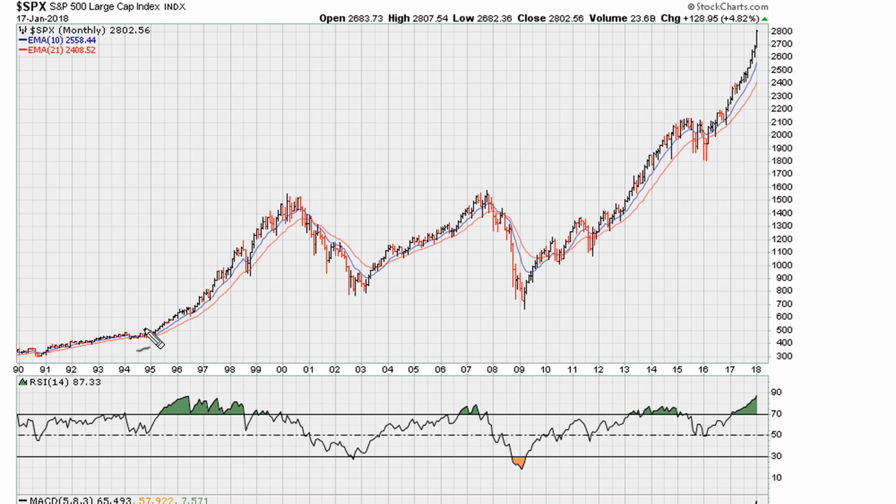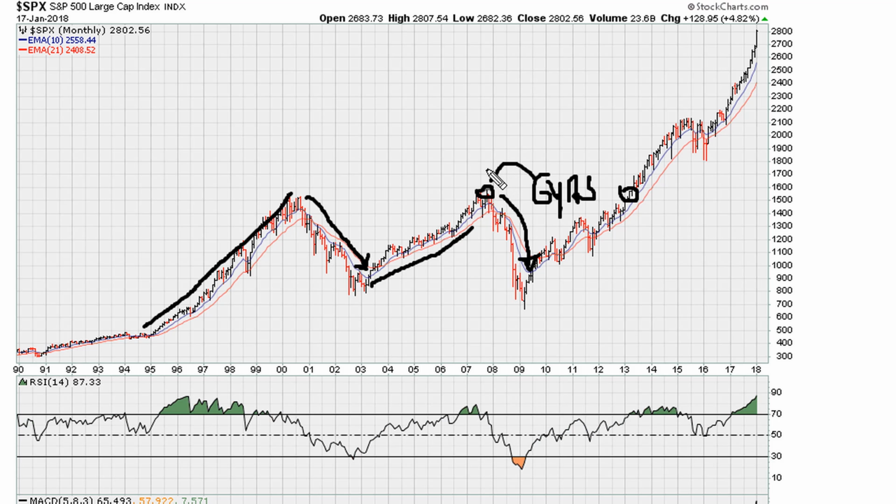Take a look at the S&P 500. Had a good run from 95 to early 2000, and then it settled down for about 2-3 years before picking up momentum again, and then it dropped again. Now if you take from this point here in 07 to where it goes back to the same highs, you're talking about 6 years between this point and coming back to test the same and break out above those highs. 6 years.